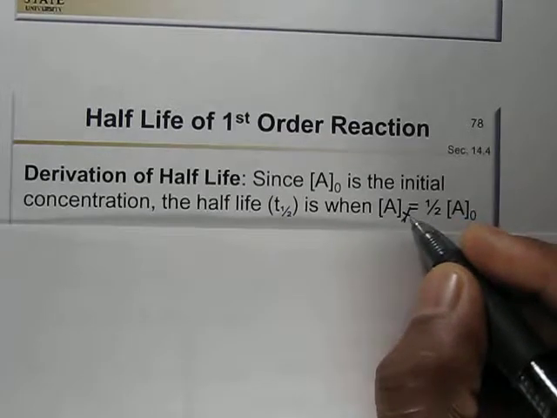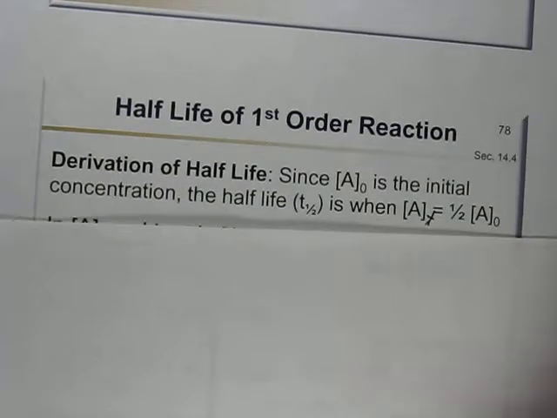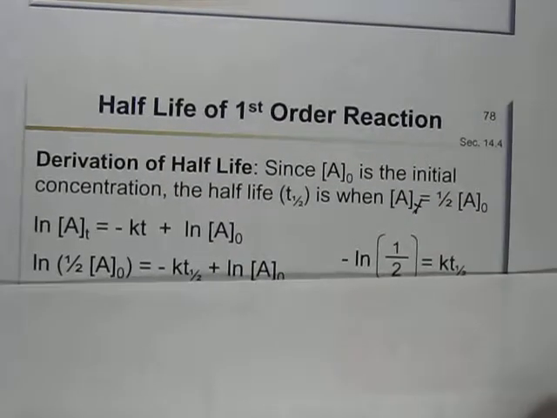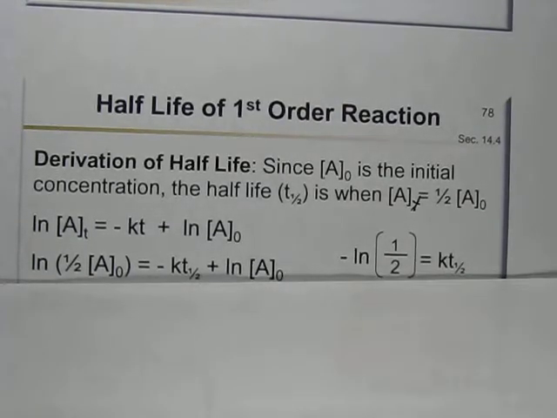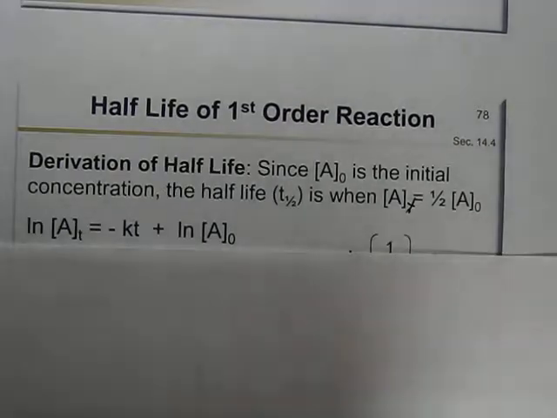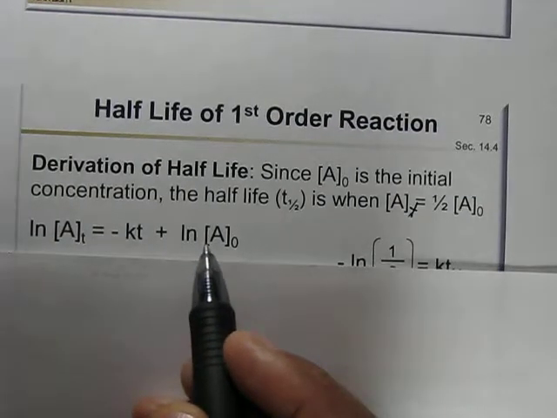So we have seen that according to the first order reaction, natural log At is equal to minus kt plus natural log A0.